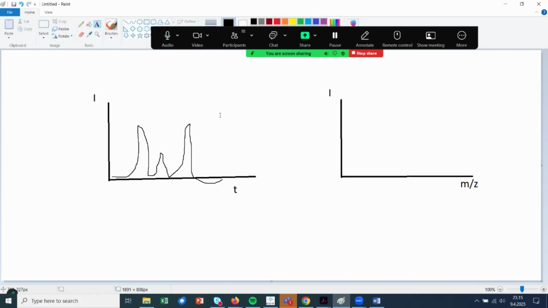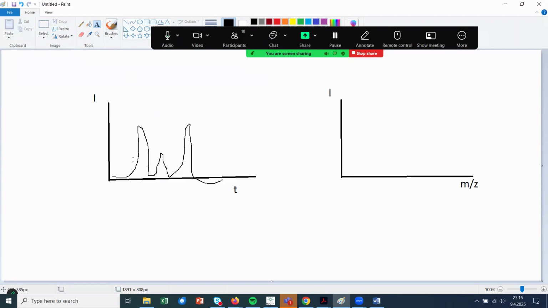If we are using chromatography, as we quite often are, we use chromatography to introduce the samples to the mass spectrometer. So, for example, if we are using liquid chromatography and we have this chromatographic peak here, the information that we get from the mass spectrum could be what's inside this peak.